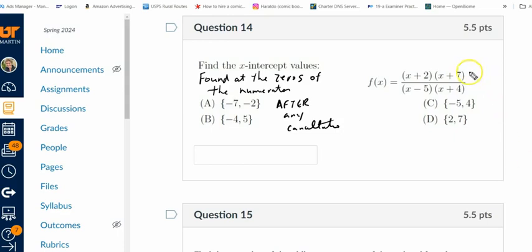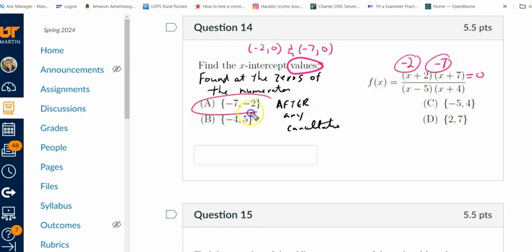Now, what will make the numerator equal to 0? If x is negative 2 and if x is negative 7. So there will be two x-intercepts. As points, they're like that, but their values are going to be negative 2 and negative 7. And so the answer is going to be A.